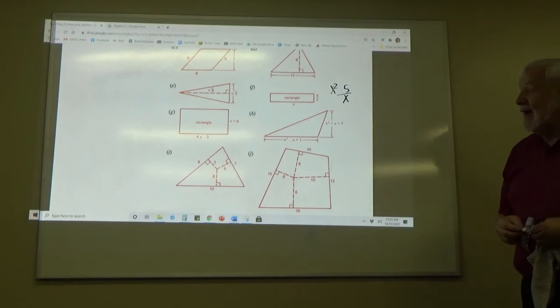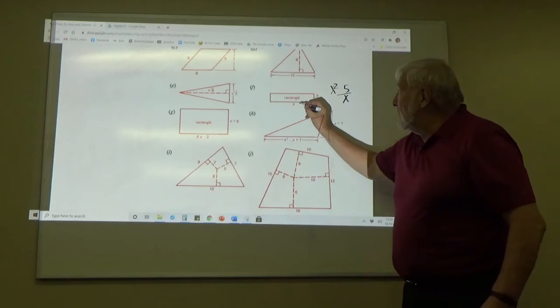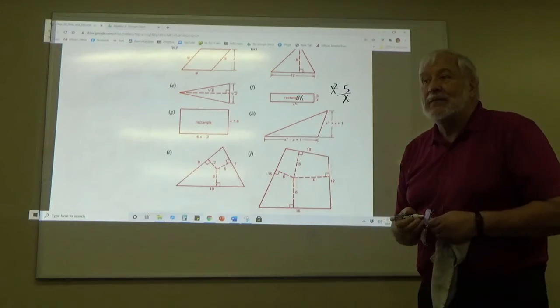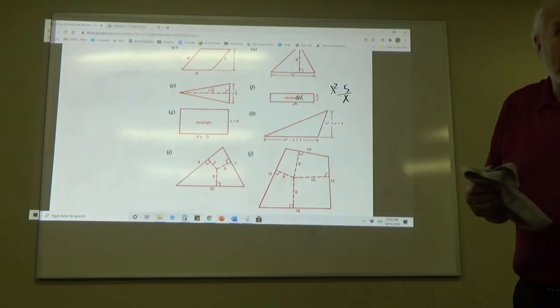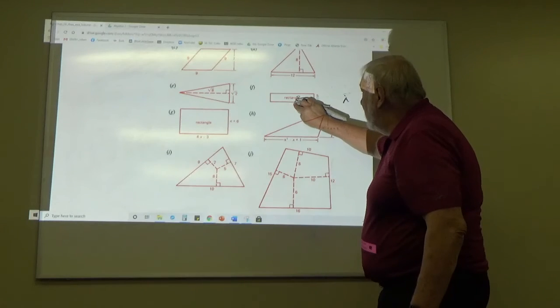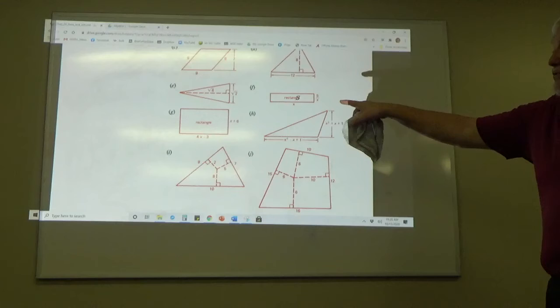One of the x's will cancel with the x squared, and if this were a square, then 5x would become the area. Now that's strictly algebra, but that's the way you have to do that. So for this problem, the answer is 5. All right, now what happens when you get to G?